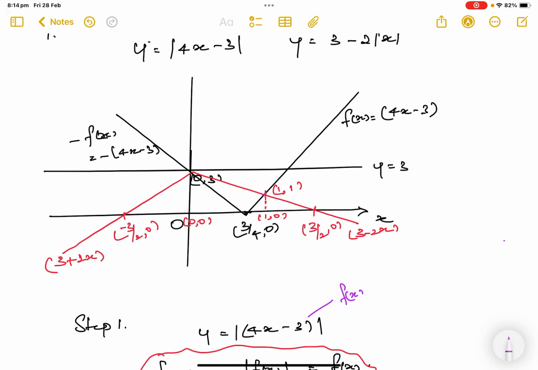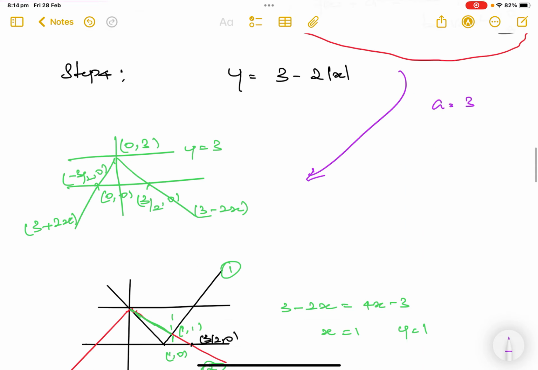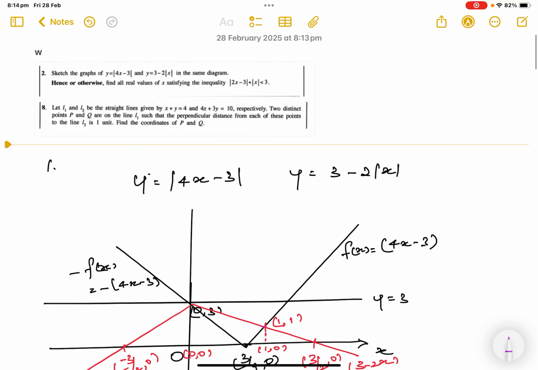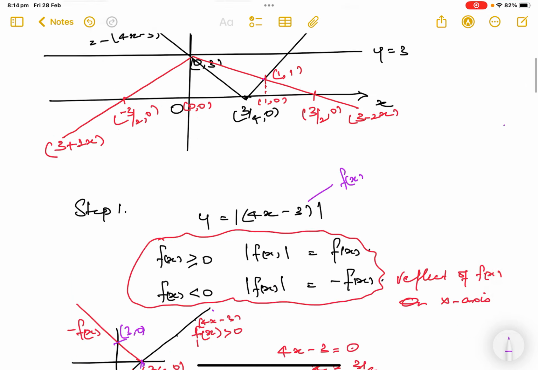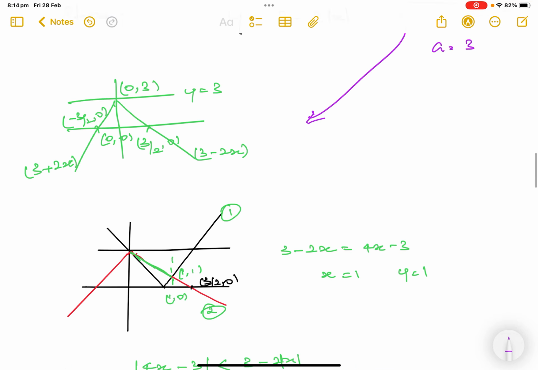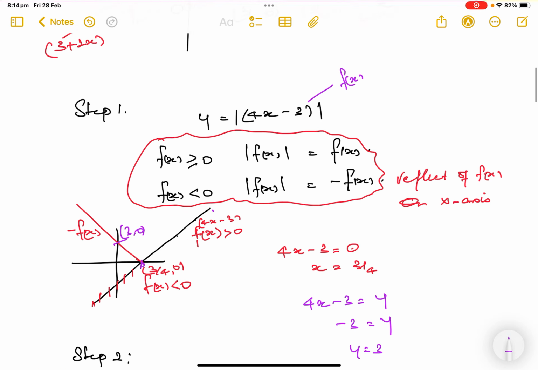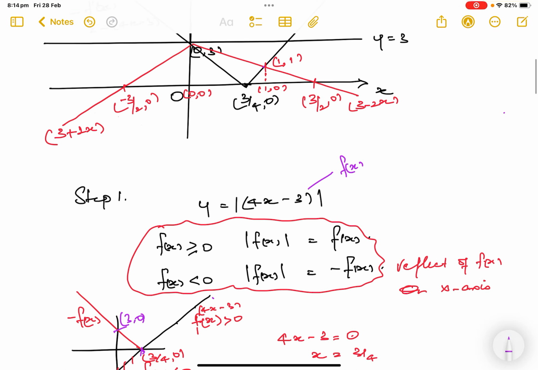Let me read the next question. Hence or otherwise, find all the real values of x satisfying the inequality modulus 2x minus 3 plus modulus x less than 3. Let's look at what we have at the moment. We don't have 2x minus 3, we have 4x minus 3.